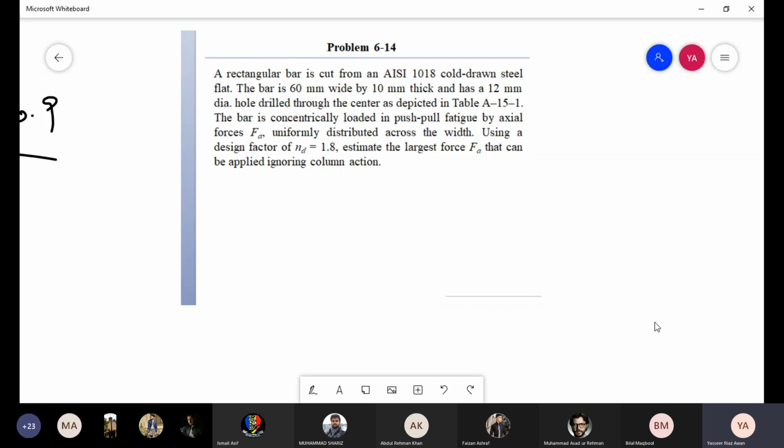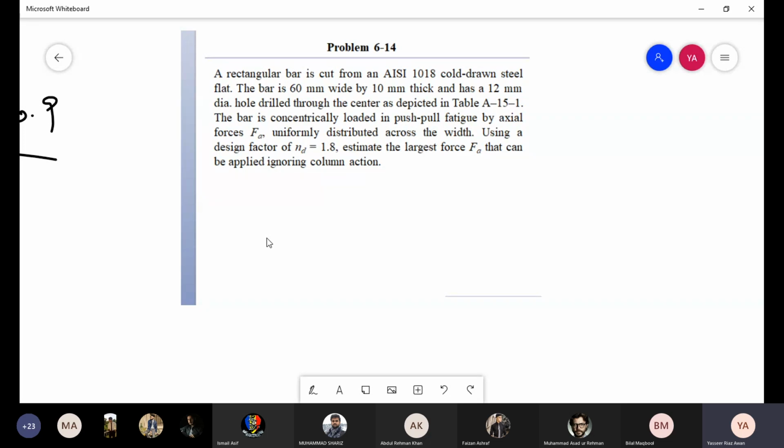If you have pure bending, pure torsion or pure axial load, then we know how to design a part under fatigue loading. The only things left are when there is some combination of axial, bending and torsion, and the effect of mean stress.